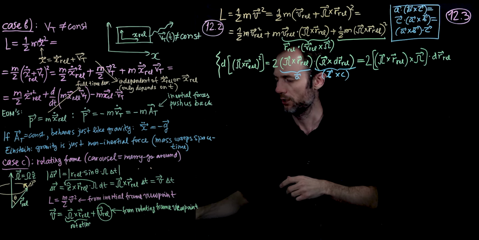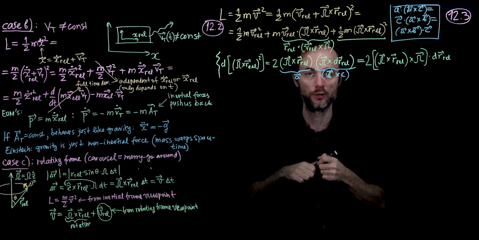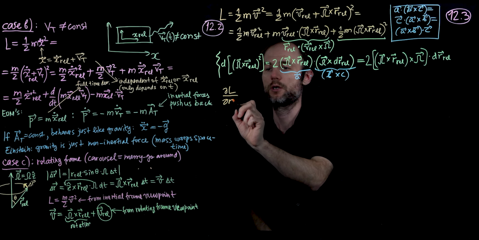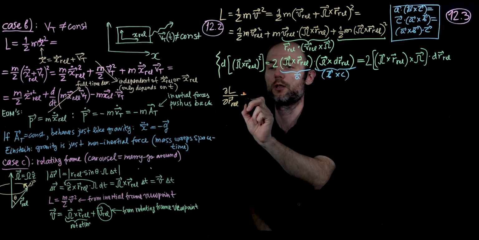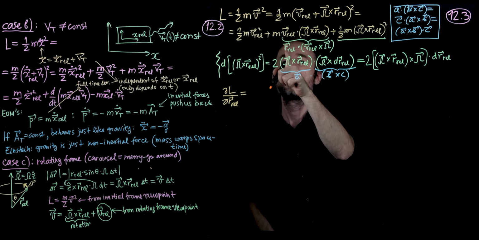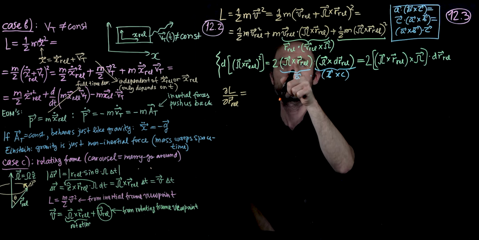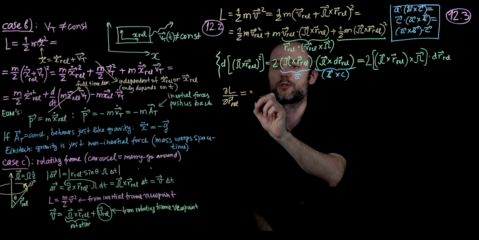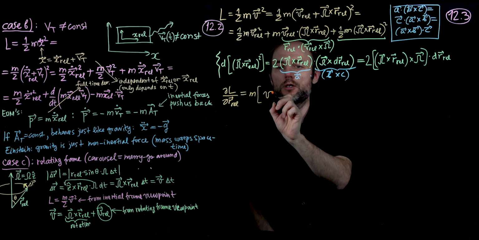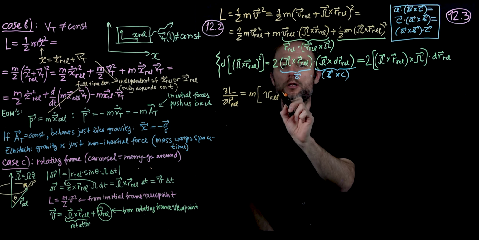So let's compute dL/dr_rel, because that's what enters the equations of motion. This is the first instance of r_rel, so when we take a derivative, r_rel disappears. So it will be mass, let's factor it out, times v_rel cross omega.